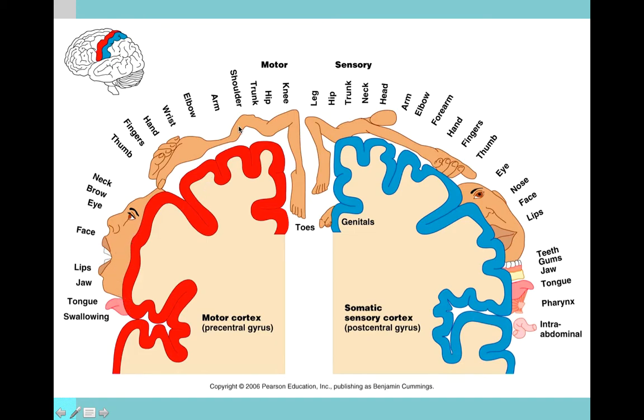So that's the motor cortex, and sure enough, doctors can actually go into your head. Neuroscientists can actually, if they were doing brain surgery on you, they could go in and tickle a region of your brain, and they could cause your fingers to move. Very strange, but they can do it. And this is how the technology works when you see people's heads all wired up and then they have a mechanical arm.